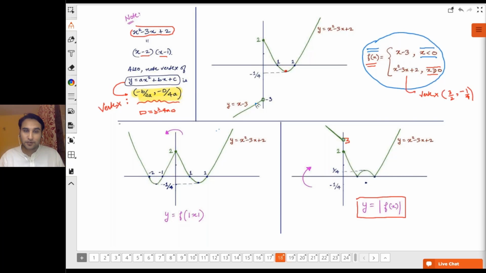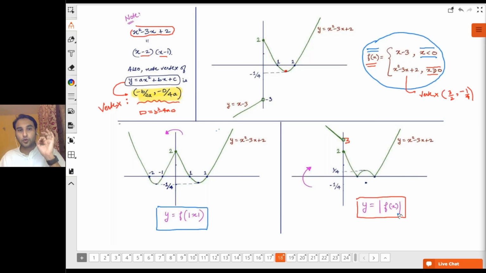Just erase this portion of the graph, and take a mirror image of this graph on the negative side of the x-axis as well. So this becomes the graph of f of mod x. What did I do? Erased the negative portion of the original graph and took a mirror image of this one here.